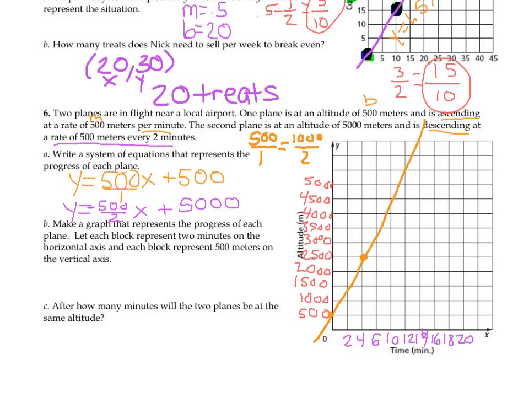So now that we have our first line graph, we are going to want to graph our second line. So we can start with our b, which is 5,000. So we will put a dot right on 5,000 on our y-axis. And then we can look at our slope, which is negative 500 over 2. So again, I'm going to want to change that slope to something that's, actually we don't even have to do that because our slope is negative 500 over 2 and our times are going up by 2.